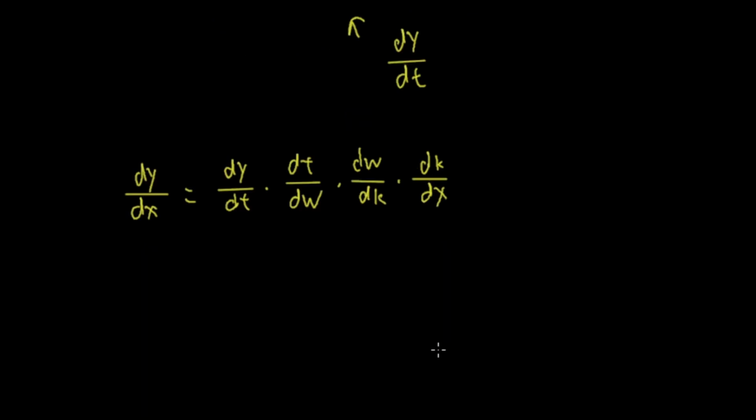A very nice chain rule, right? As you can see here, dt, dt cancel out, dw, dw cancel out, dk, dk cancel out. All I have left is just dy over dx, right? Which is what we're looking for here. That's the beauty of the chain rule.